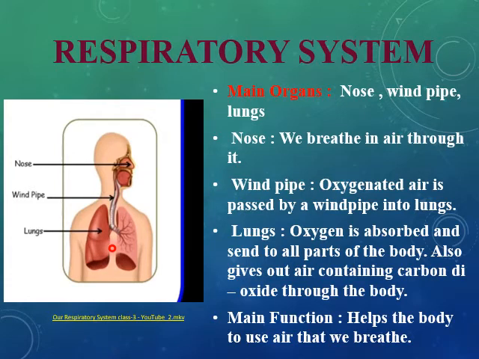This oxygen goes into the blood and then is carried to all parts of the body. So the oxygen absorbed by the lungs mixes into our blood and is carried to all parts of our body.